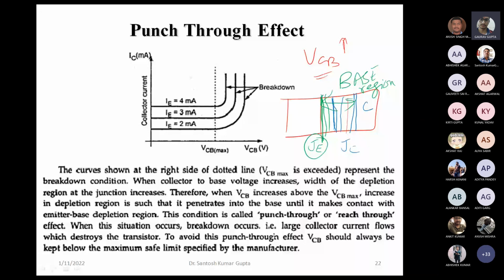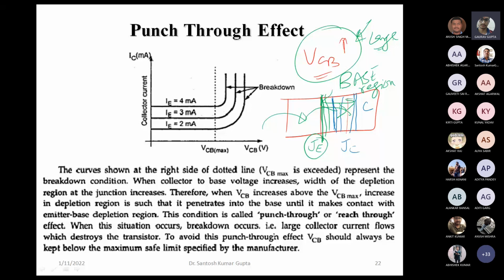Whatever carriers are being injected from the emitter will go into the collector, like this here. Of course, in the meantime VCB may become such a large value, which may lead to very large electric fields.